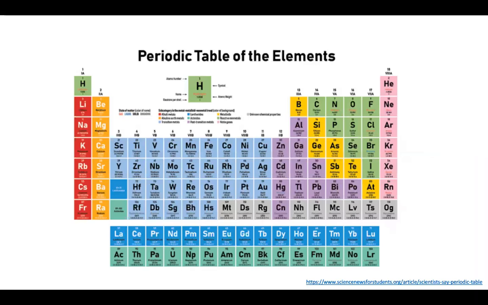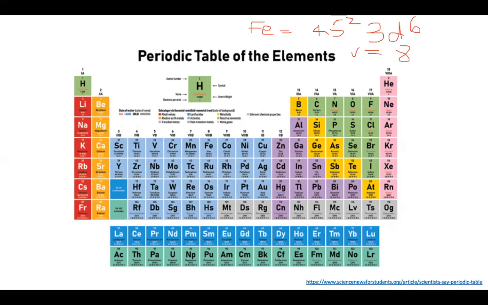From the previous slide, for iron we have a valence shell of 4s2 3d6, and the valence electrons were 8.